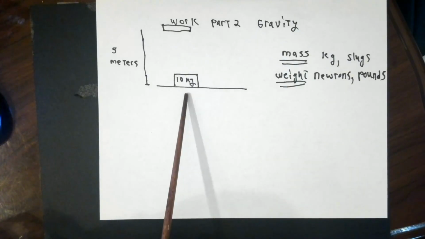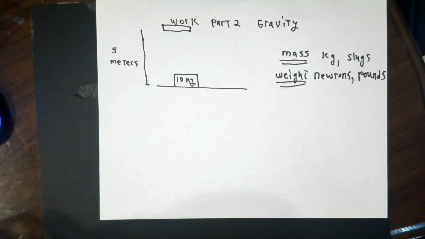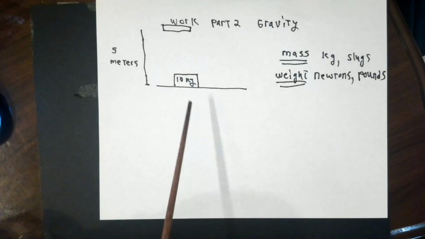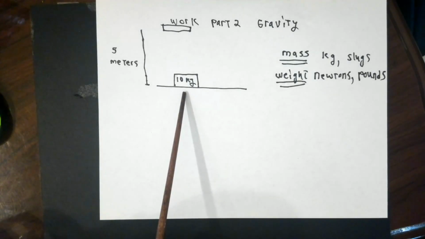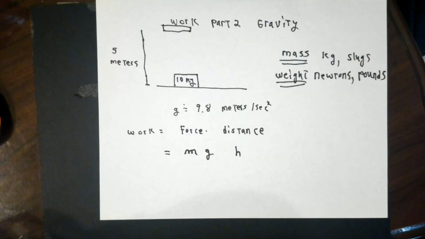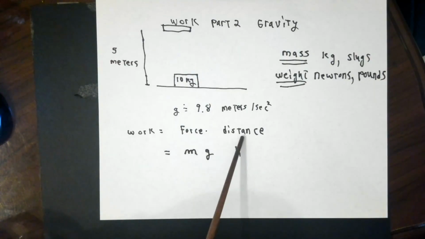As I move this object around, its weight conceivably could change. We'll talk more about that in a moment, but the amount of matter in it doesn't. In the familiar situation, you say that work is force times distance. Newton's second law says, though, that force is mass times acceleration.